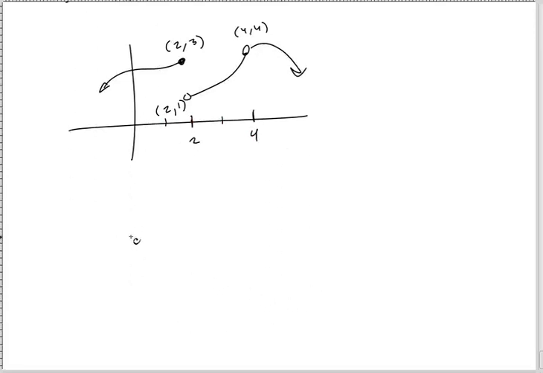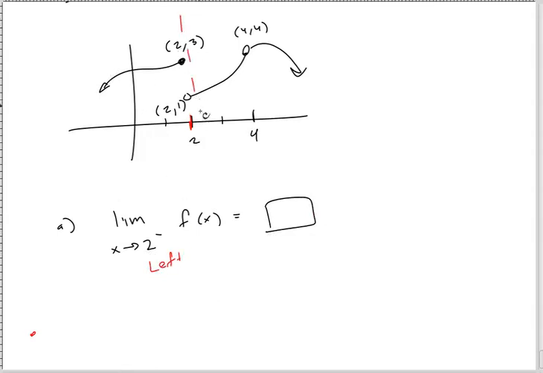Okay, so we got this graph, and they say part A, find the limit as x goes to 2 from the left side of f of x. So I'm wanting to get next to 2. 2 is my key number, and they say the left side, so I'm going to be over here. You can think of this as being divided here: I got my left side, I got my right side.